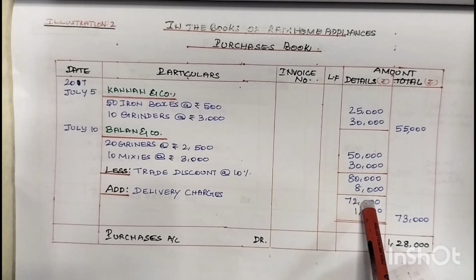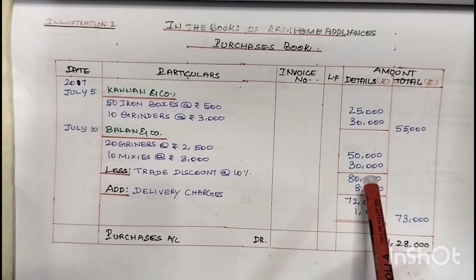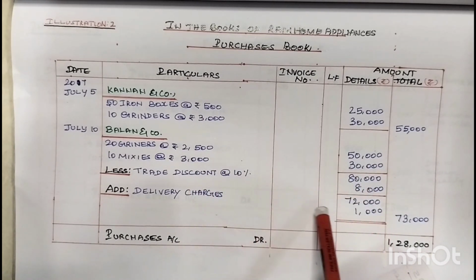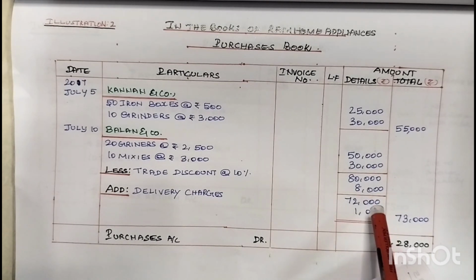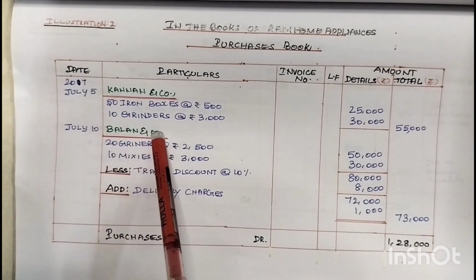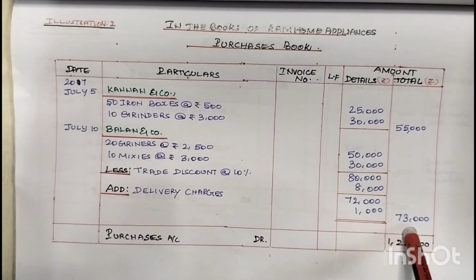Then you have the delivery charges of rupees 1,000. Only after subtracting the 10% discount do you add the delivery charges. After you add the delivery charge of 1,000 rupees, what do you get? 72,000 plus 1,000, you got 73,000 rupees. This is the total value of what you purchased from Balan and Co. The amount is 73,000.